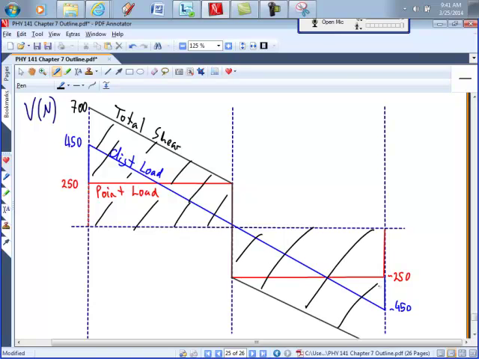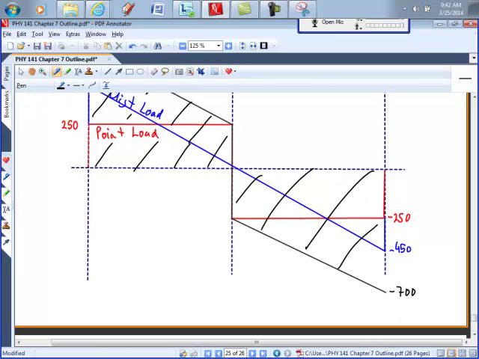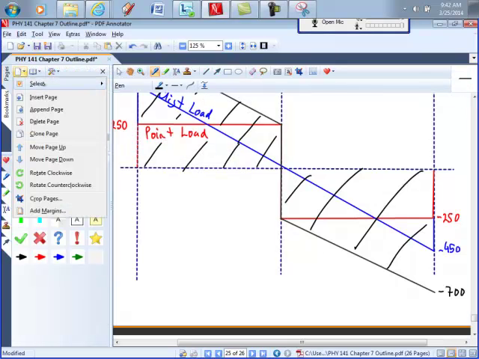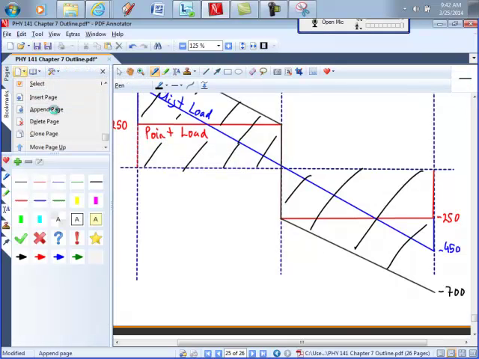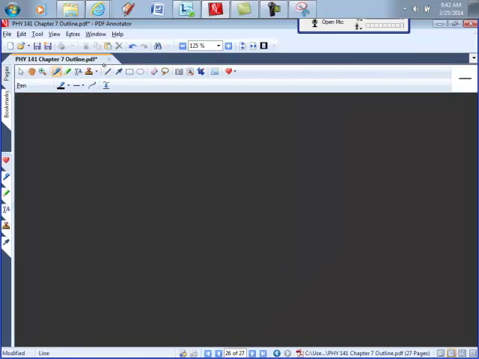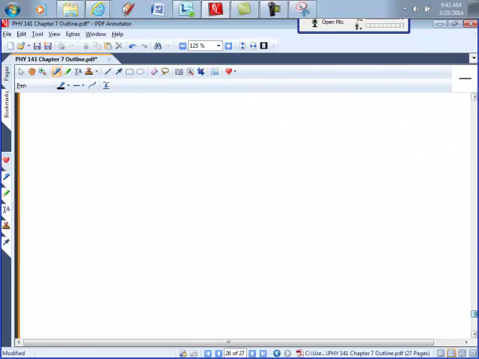All right, what about our moment diagram? That's going to be kind of funky looking too, because we're going to add a triangle to a parabola. I need another page. Okay, so the moment diagram.